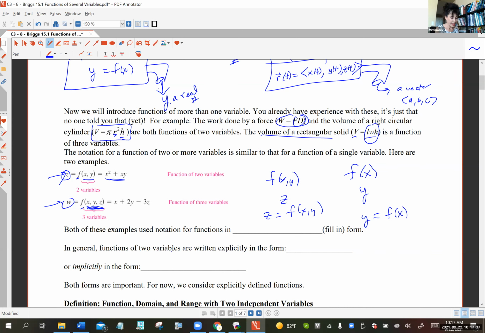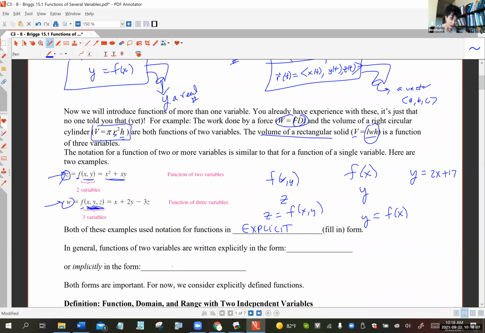So both of these examples are using notation in what's known as explicit form. You're probably a little familiar with the word explicit. Let me just show you an example, like y is equal to, as an example, 2x plus 17. Okay, that's a function given in explicit form, as opposed to implicitly.